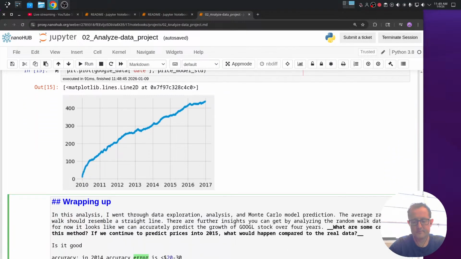So precision in 2010, standard deviation is $10 to maybe $50. Well, $10 to $100.